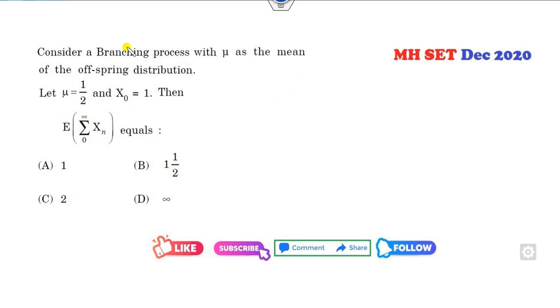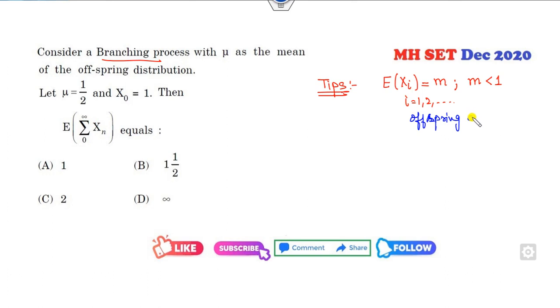Okay, now it's a branching process. So firstly I will give you the shortcut tips. If I say the expected value of Xi is m, and m is less than 1, and I start from 1, with offspring probabilities for 1, 2 and 3, these are my offspring distributions here, fine.